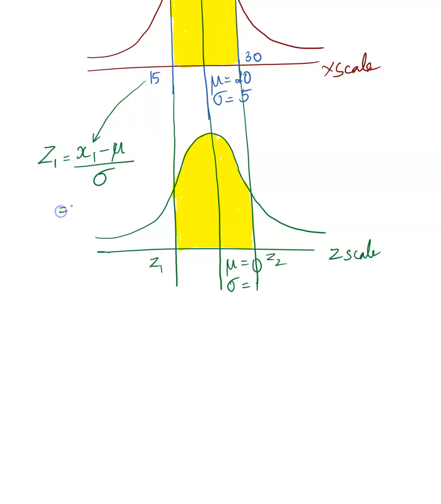So that will be 15 minus 20 over 5. Compute that, and that's going to be negative 5 over 5, which is negative 1. So my z1, this position here, let me use a different color, this position here is negative 1. Let's come over this side.